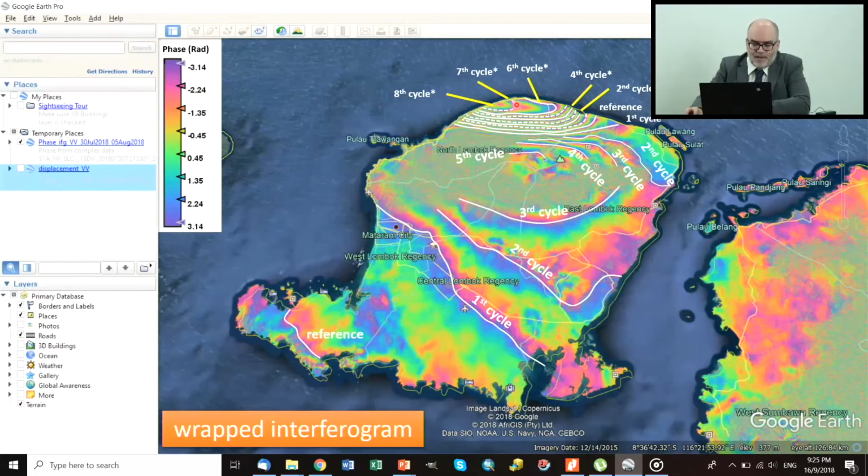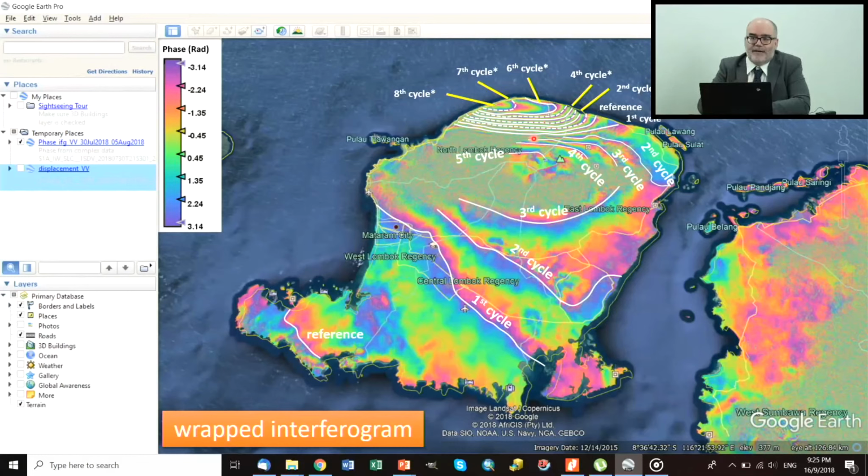How much? To do this calculation, how much in terms of millimeters, we just apply what we saw before, and we convert the cycle changes into displacement changes. Every full cycle corresponds to 28 millimeters of displacement along the line of sight.